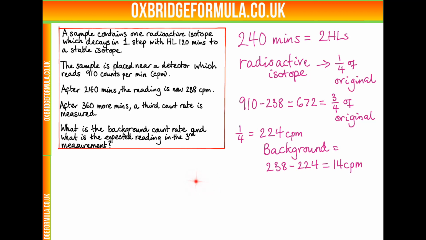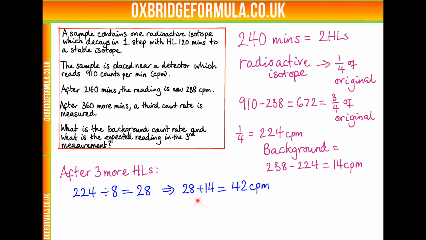And after 3 more half-lives, the 224 that's there must divide by 8, so a half times a half times a half. So this is 28 left. So 28 from the radioactive isotope and then 14 from the background, we get 42 counts per minute in total.